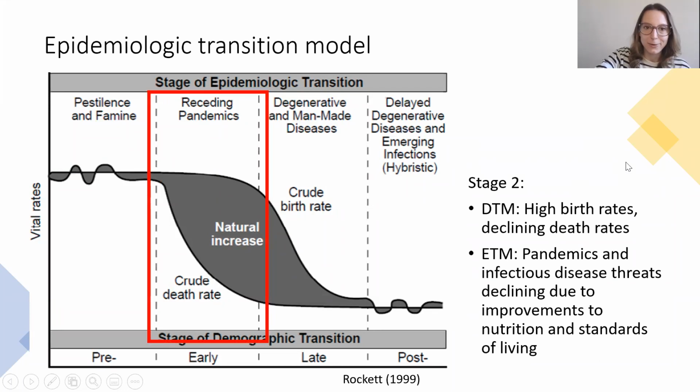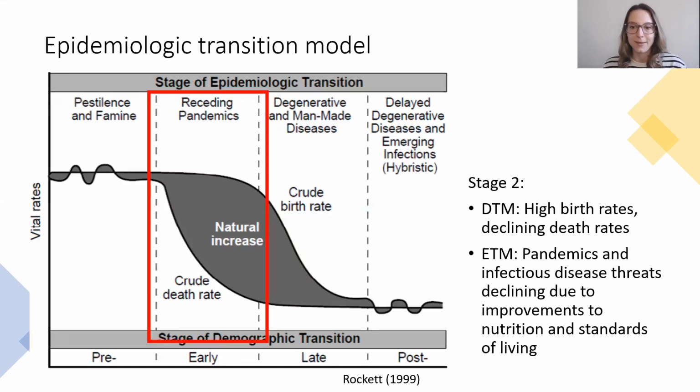Now, stage 2, what we call receding pandemics. Remember that the demographic transition model characterized this stage as one with high birth rates, declining death rates, and this was primarily because of changes in nutrition, changes in the standards of living. And so although high birth rates were still ongoing, mortality started to decline because of these changes.